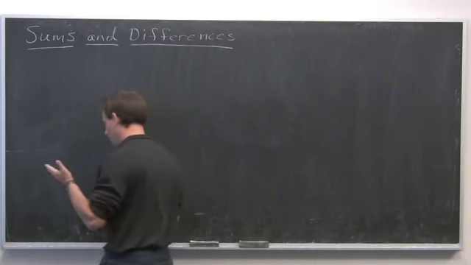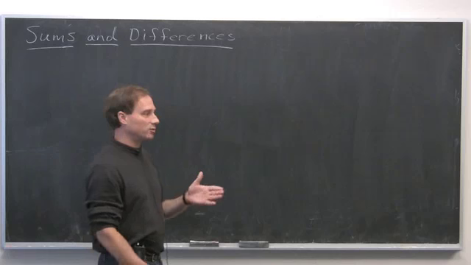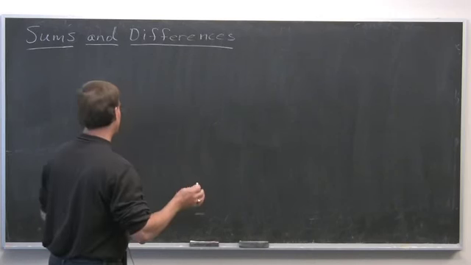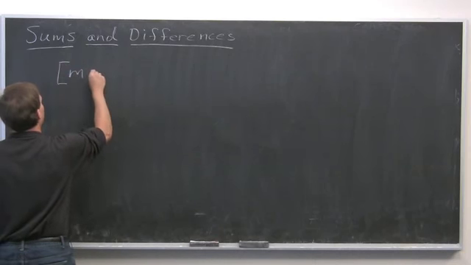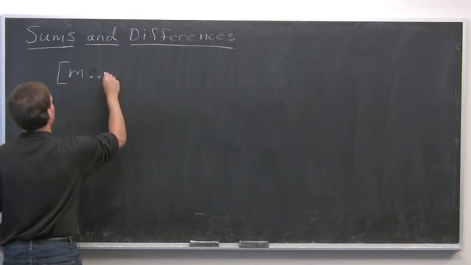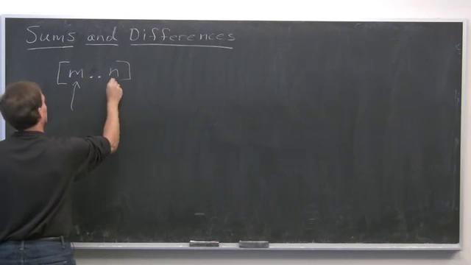Sums and differences. So first, it will be convenient to have a notation for an interval of integers. So I'm going to use m dot dot n, where these are integers.